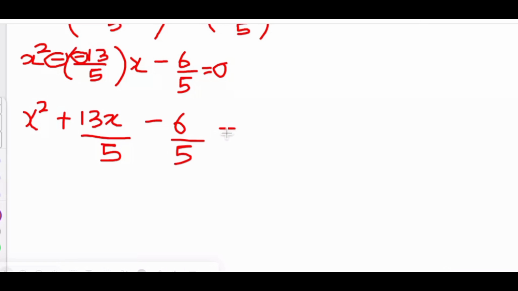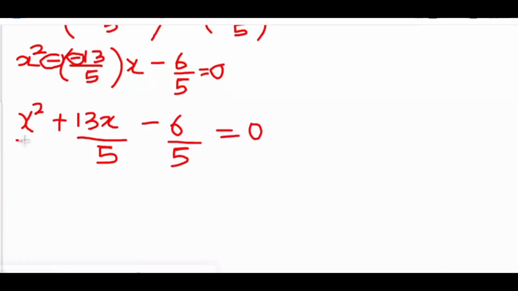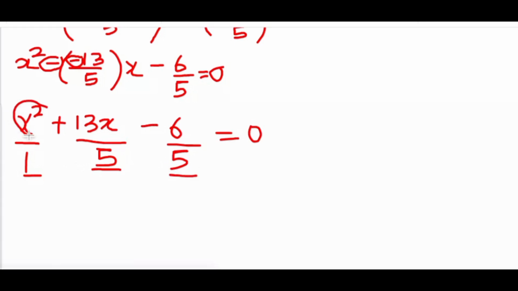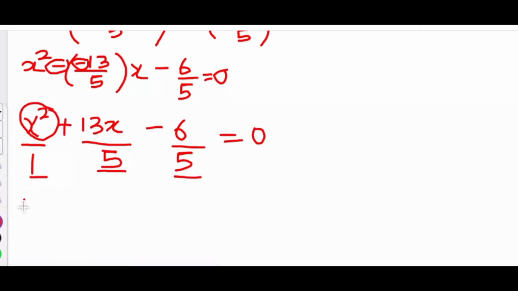Good. Equals what? 0. So ideally what I'm meant to do here is to find the LCM and then solve. But the fast way of solving this question is just to know that the LCM of 1, 5 and 5 is 5. If I'm using the LCM method, it might be a bit longer. So since I know the LCM of 1, 5 and 5 is 5, I'm going to multiply my fractions by 5.